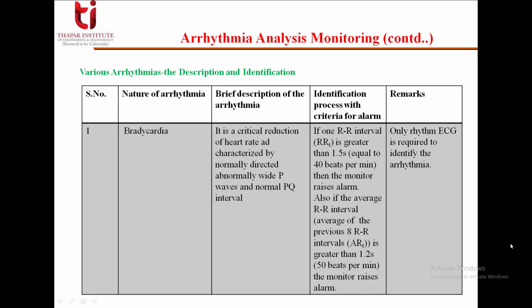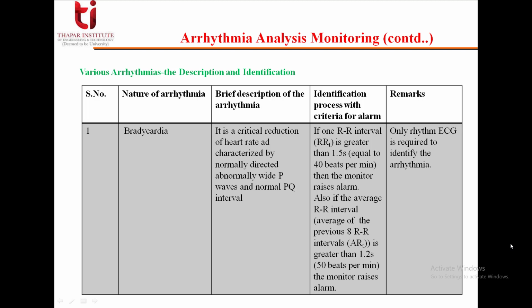So first in that is bradycardia. It is a critical reduction of heart rate and it is characterized by normally directed, abnormally wide P waves and a normal PQ interval. Now when can we say it is risky, or when will it cause an alarm? If one RR interval, that we are calling RRT, is greater than 1.5 seconds, that is equal to 40 beats per minute, then the monitor raises an alarm.